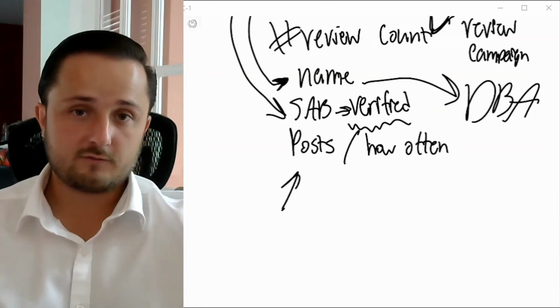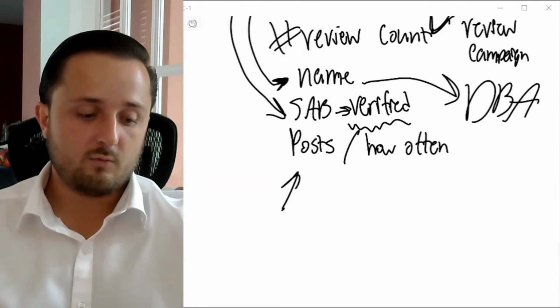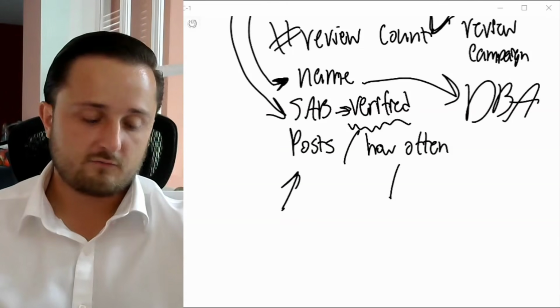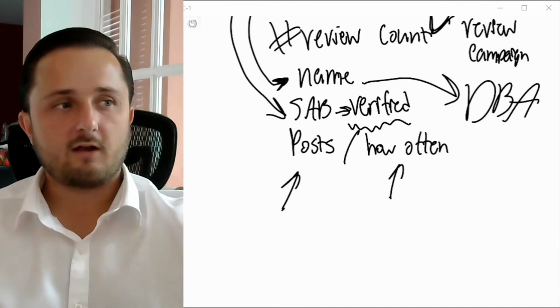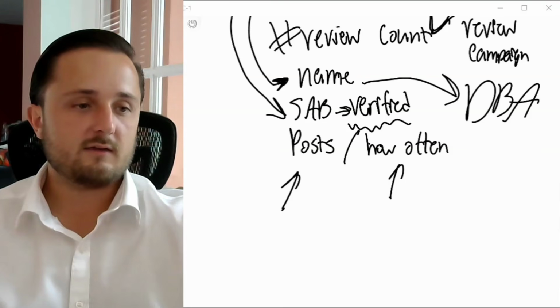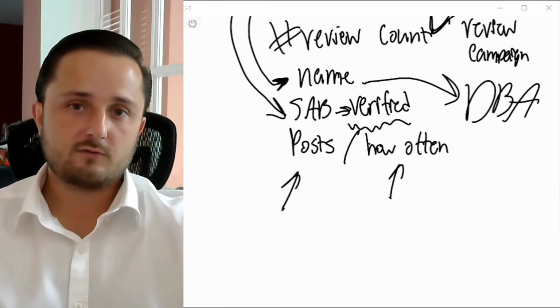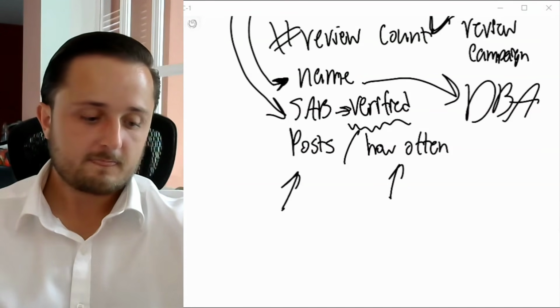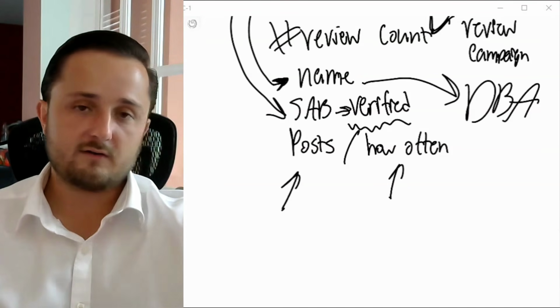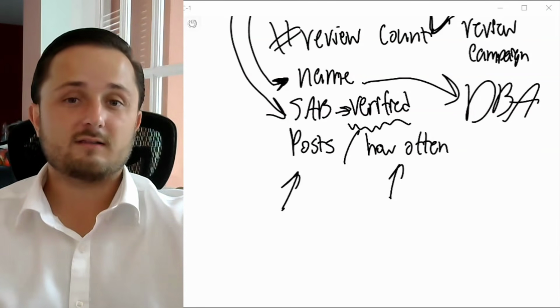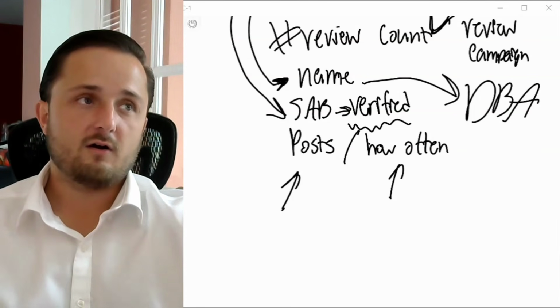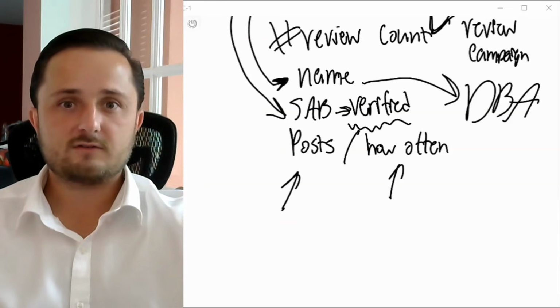Then for posts, we're going to look at, okay, what is their frequency? What is their cadence of posting on their Google Business Profile? What I always recommend my clients do is they post 2 to 3 times a week. With these posts, we're going to target very specific keywords. Not only that, we're going to link back to our money pages, our service pages.